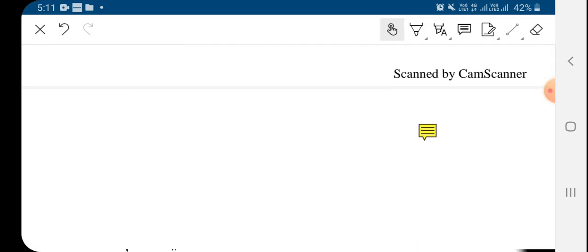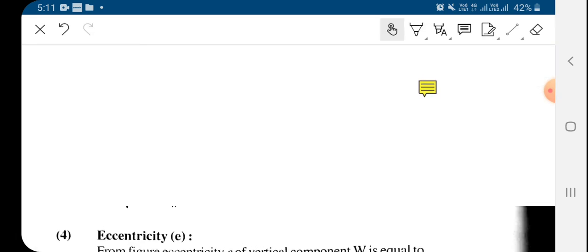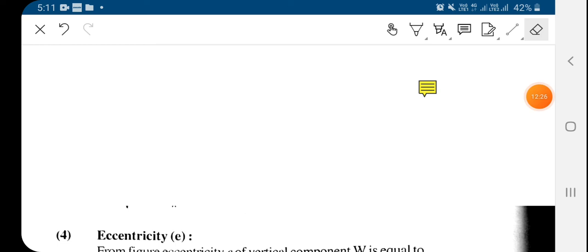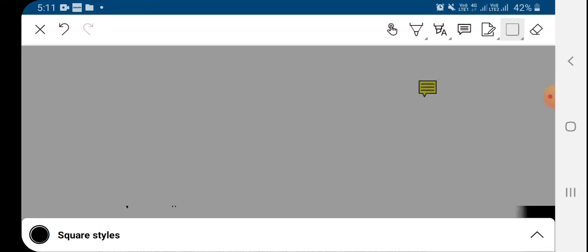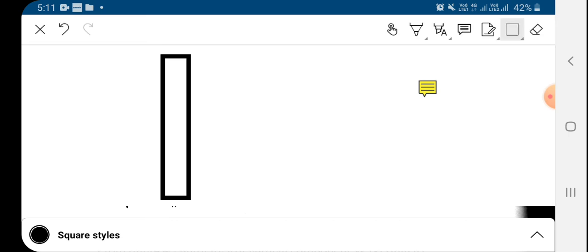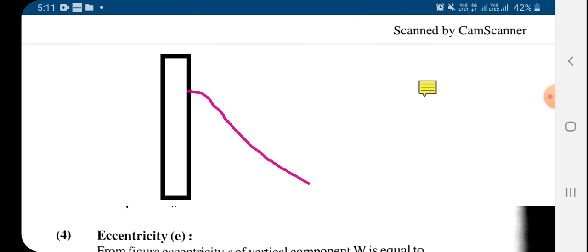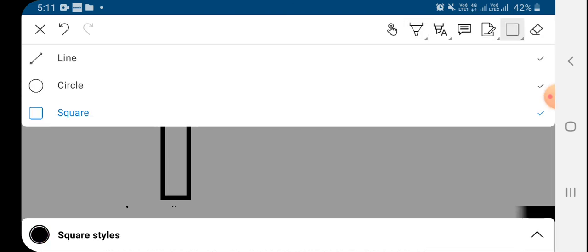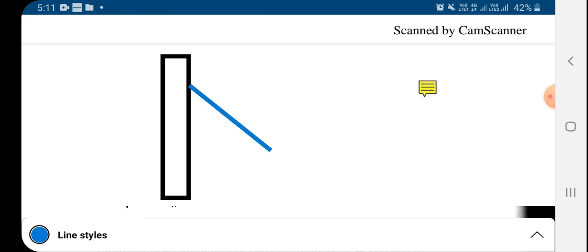So in those criteria, what do we need to keep in our mind? Let me draw this figure of the dam again. So here it is a dam.